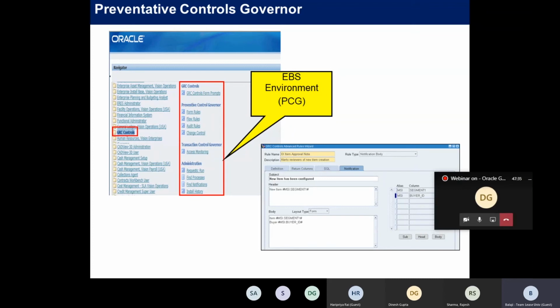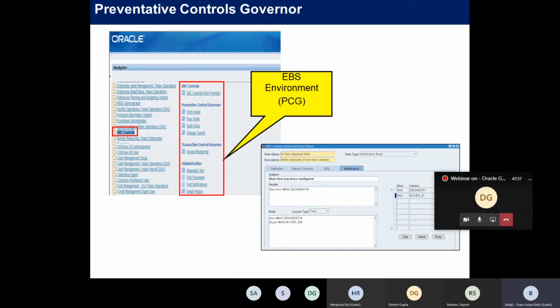CCG will not prevent you, but with this preventive control governor, we can prevent the existing records from being changed and keep them in place. Simultaneously, we can allow people to add new records even in a setup. To that level, we can minutely configure the preventive controls.